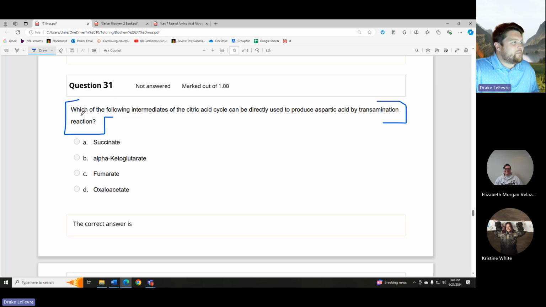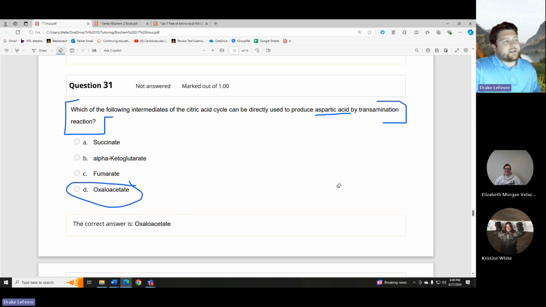Oh, I know. Okay. Which of the following intermediates of the citric acid cycle can be directly used to produce aspartic acid by a transamination reaction? Fumarate. What was that? Fumarate or succinate? Or am I all wet? This one is oxaloacetate.